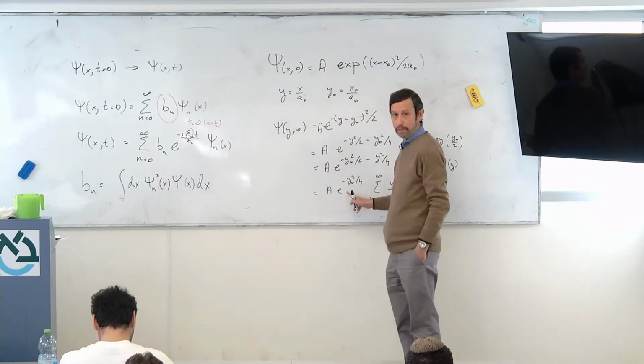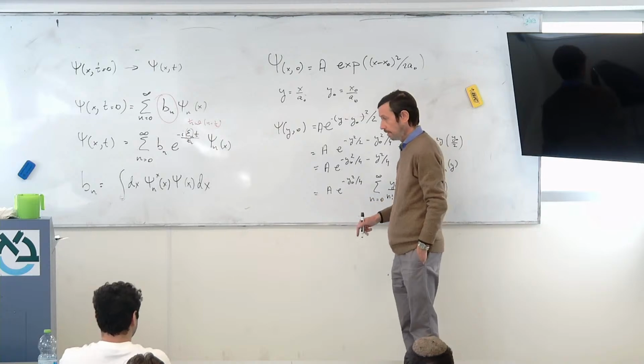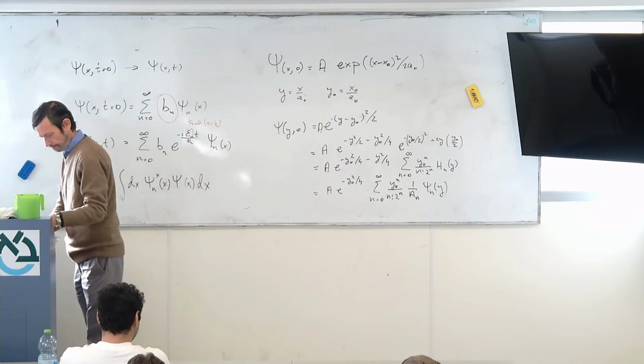Okay, all I have here is a constant, and I can write down Bn as follows.